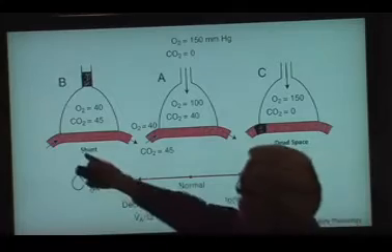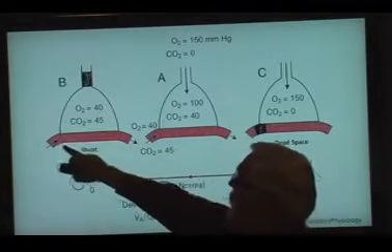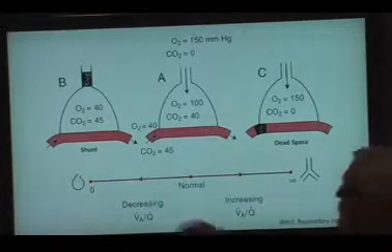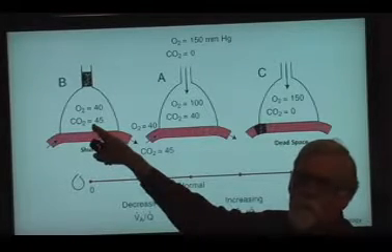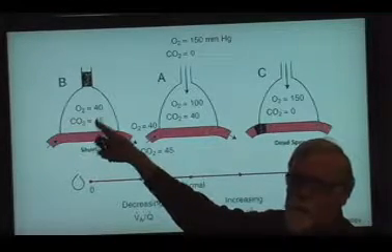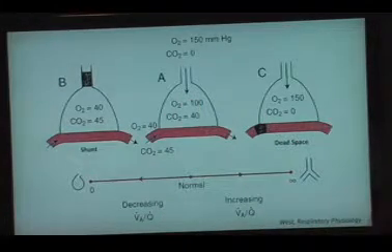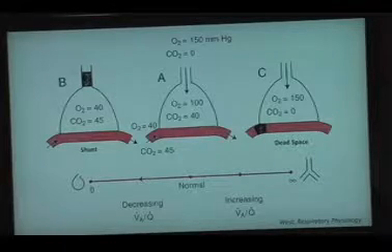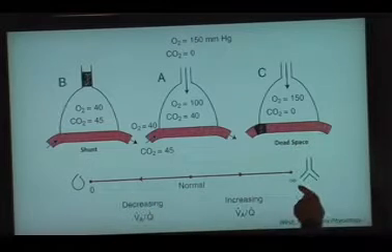At the other extreme, we have shunt, which we just talked about, where we have blood flow without ventilation. So here, the ventilation perfusion ratio is 0, because if you take 0 and divide it by any amount of blood flow, you get 0. So the range of ventilation perfusion ratios in the lungs is between 0 and infinity.